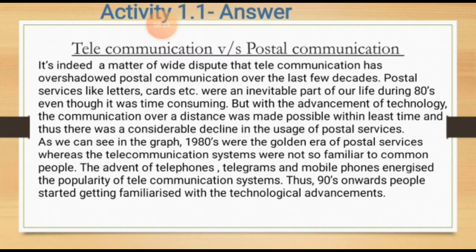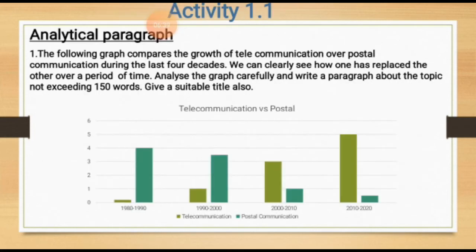And then the advent of telephones, telegrams, mobile phones energized the popularity of telecommunication systems. Thus, 90s onwards, people started getting familiarized with technological advancements. So that also you can see in this second graph, where telecommunication has started growing very slowly.